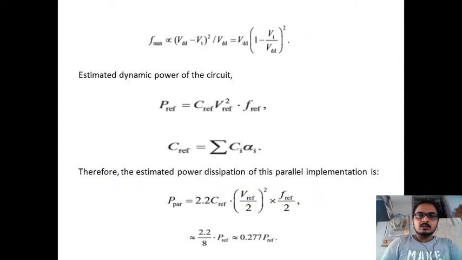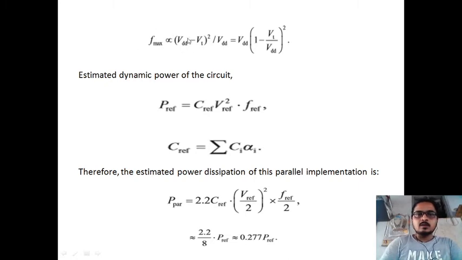When we scale the supply voltage, the frequency is also scaled. See this equation: frequency max is proportional to (VDD minus VT) whole square by VDD. This is the equation for frequency.